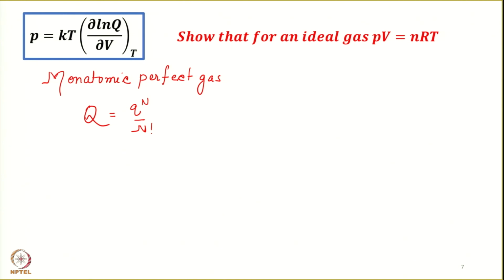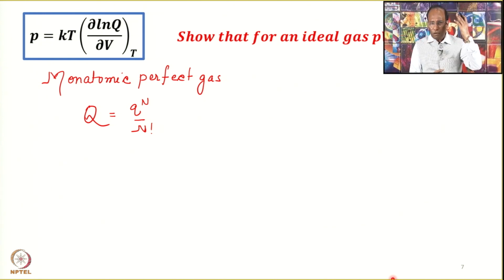Right. And for Q, the molecular partition function, which contribution is to be used? Since we are talking about monatomic perfect gas, there will be translational degree of freedom and there will be electronic degree of freedom. But as we discussed earlier, these electronic energy levels are far apart.